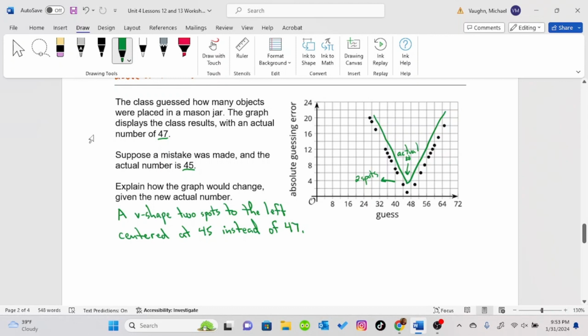But anytime we graph an absolute value function, we will always end up with a V shape, centered at the actual number.